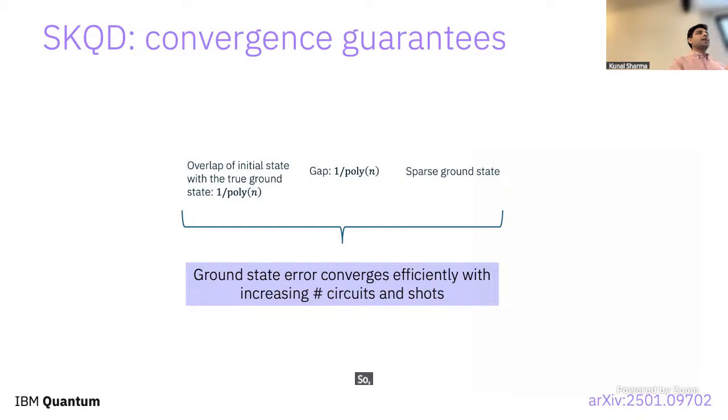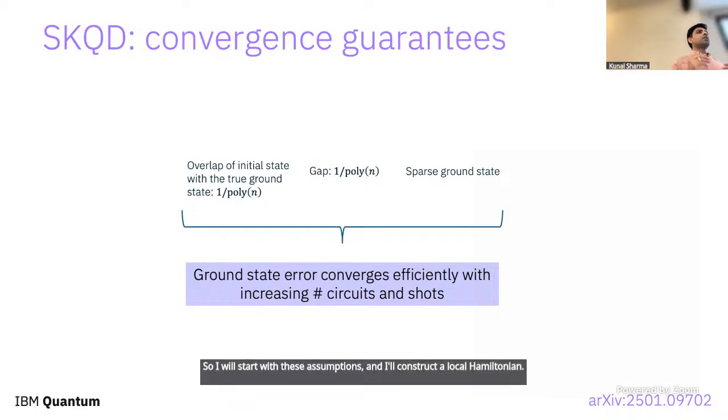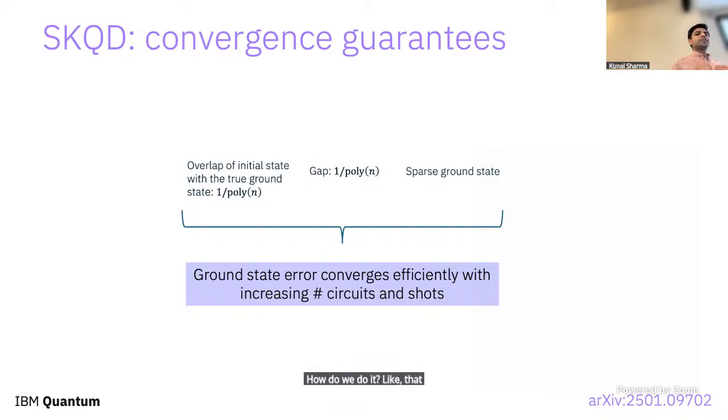So a local Hamiltonian such that the initial state has good overlap with the ground state, such that the gap is not too small, and the true ground state is also sparse in the computational basis. I will start with these assumptions and construct a local Hamiltonian. How do we do it? I will share that once the paper is out, but we have a machinery to construct Hamiltonians which satisfy these assumptions.